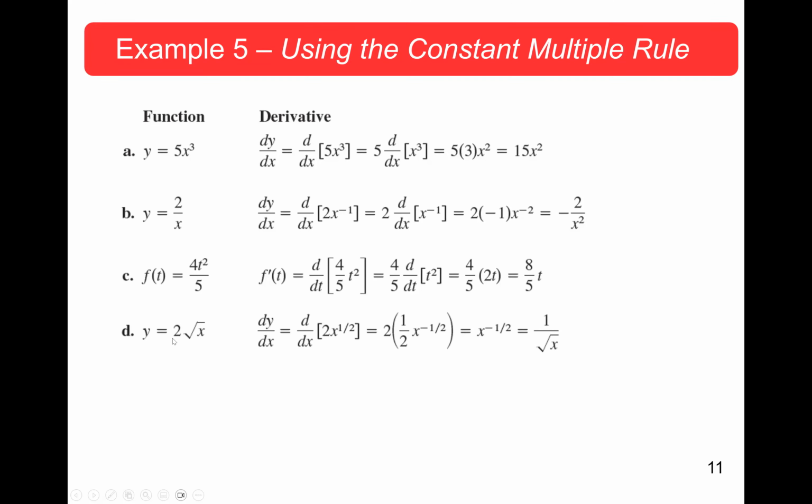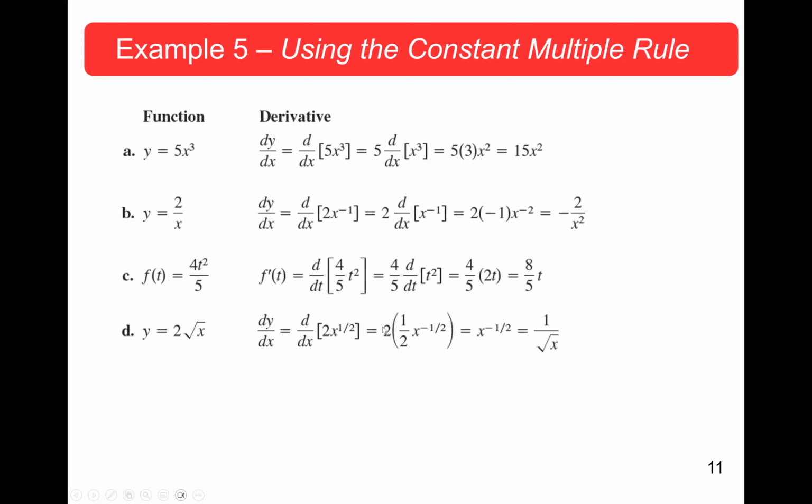Next, we have y equal to 2 times the square root of x. Here again, we have a constant value 2, so we remove it. Then we find the derivative of x to the power half, which gives us half times x to the power half minus 1. Now half minus 1 gives us negative half.